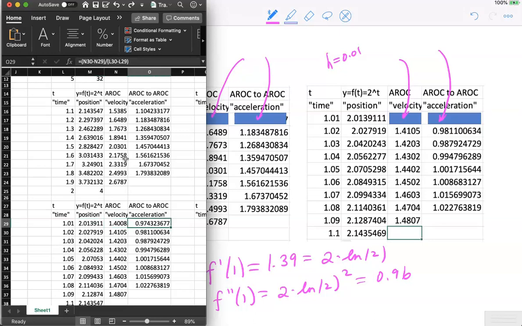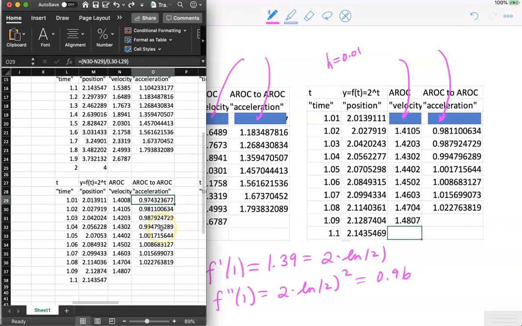And the acceleration should be getting close to 0.96, so right here at 0.1, and when you compute those values, it goes down to 0.97, which is getting closer to 0.96.